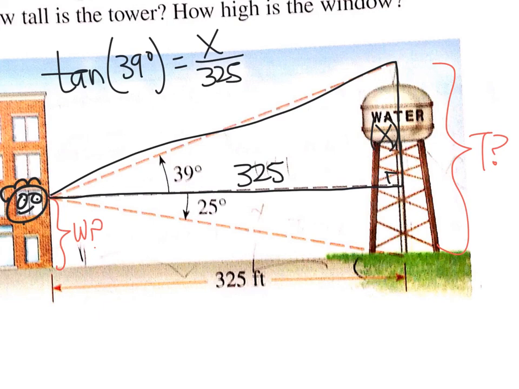So let's label this as x right here. Solving, make sure you're in degree mode, and we're going to end up with x is 263.18. So 263.18 as the length of this side. And I'll try a different color here so we can see.